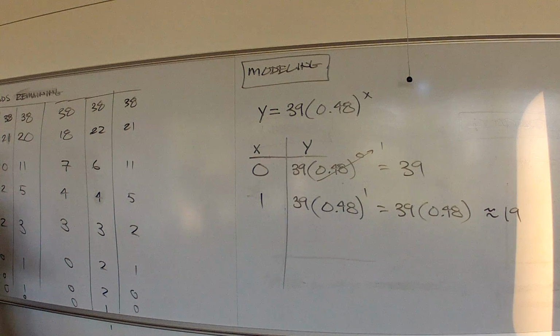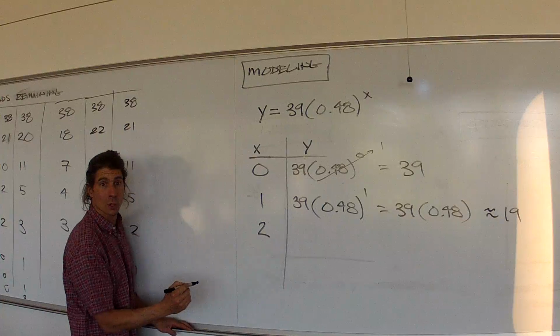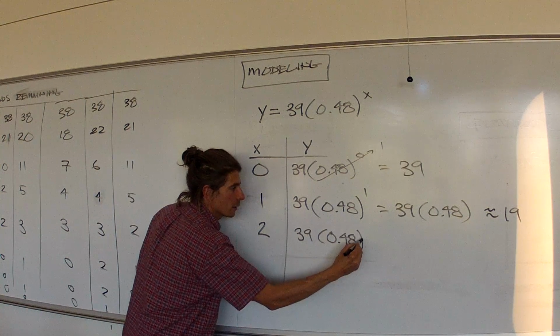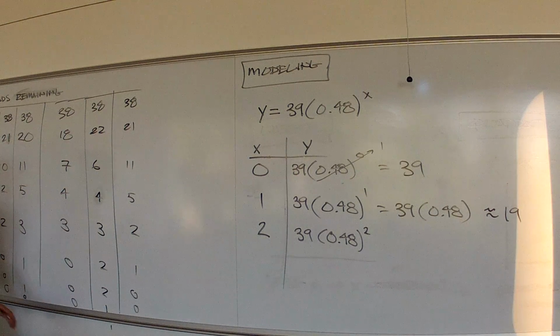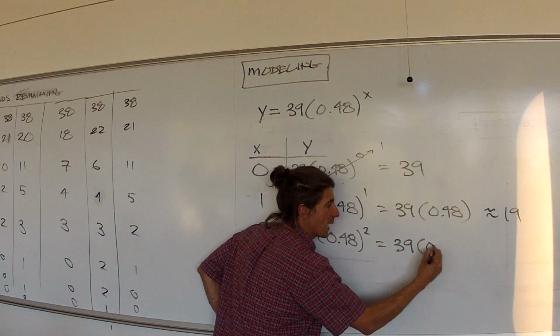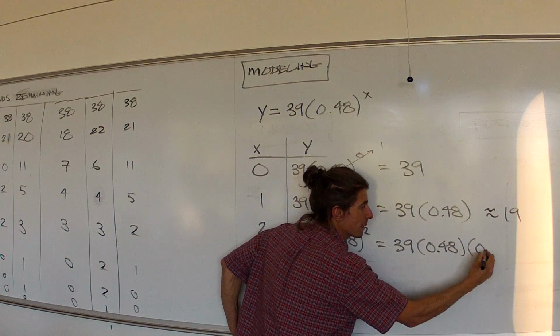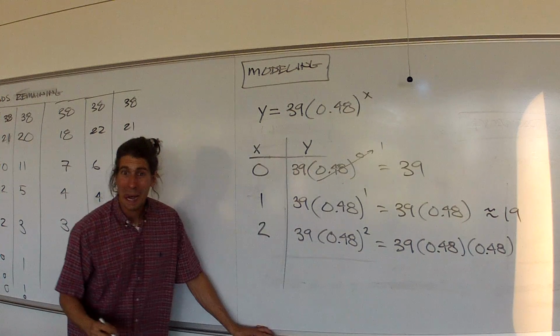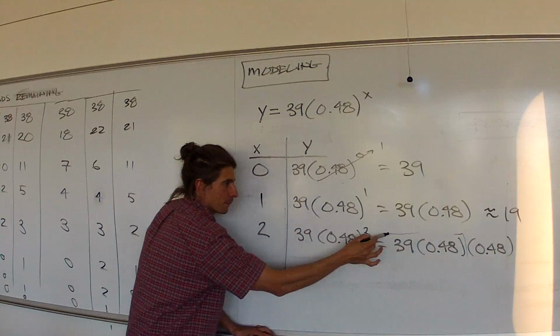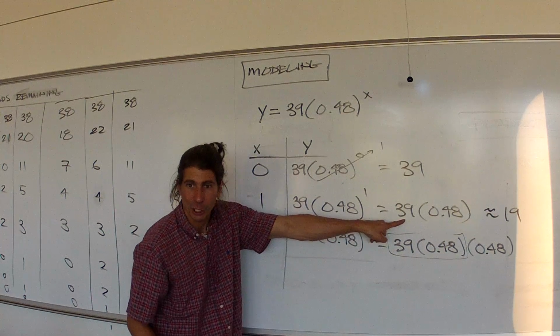What happens when we flip a second time? At 2, the model says it's 39 times 0.48 squared. But remember what 0.48 squared means: 0.48 times 0.48. So it's 39 times 0.48 times 0.48 again. Some of that looks familiar, doesn't it? This part right here is the part that was up here.